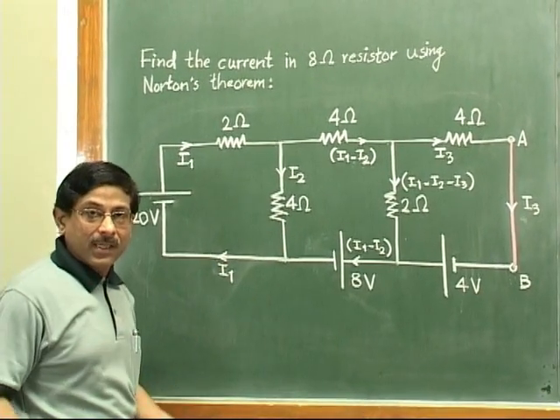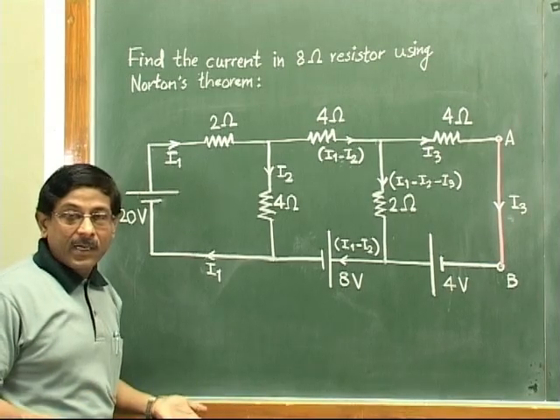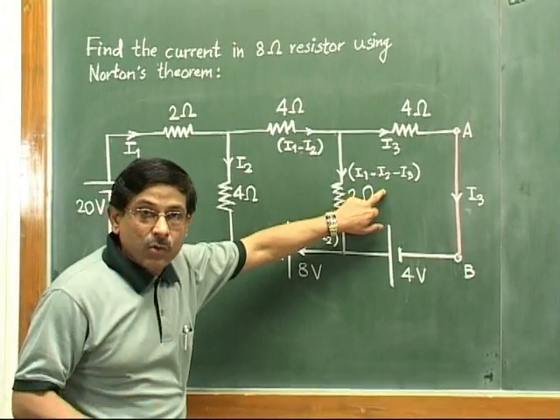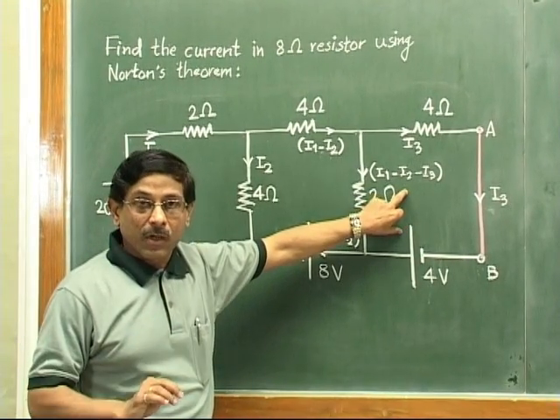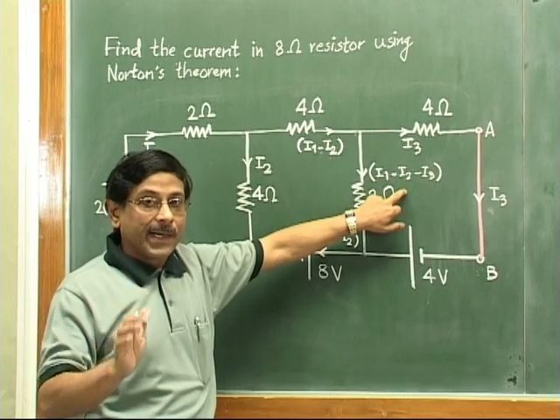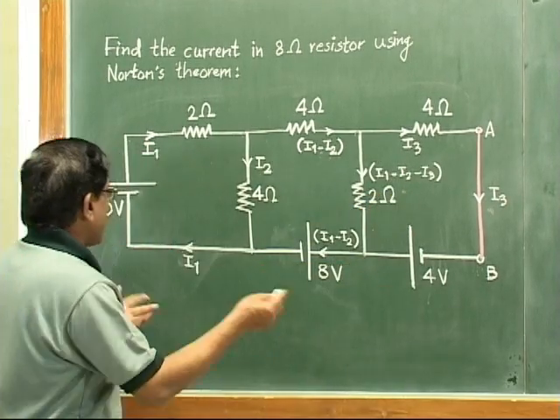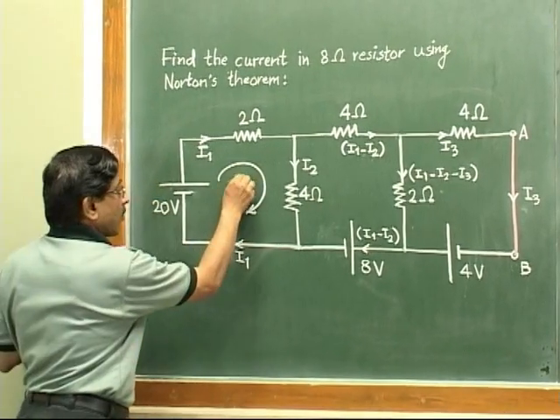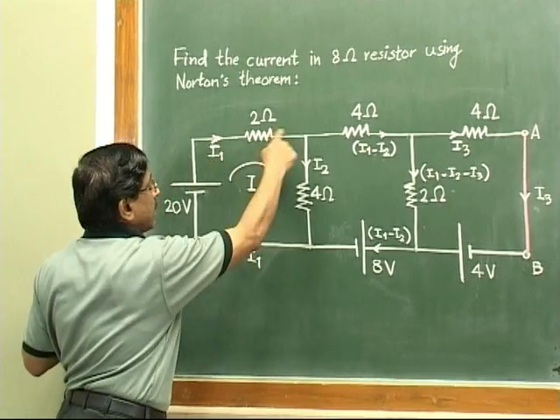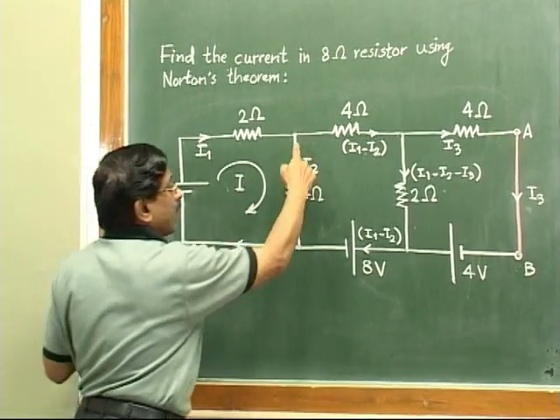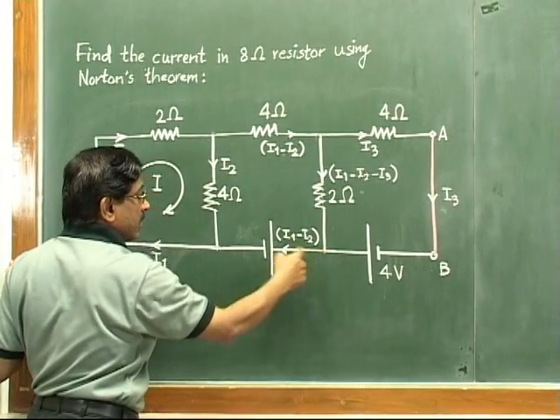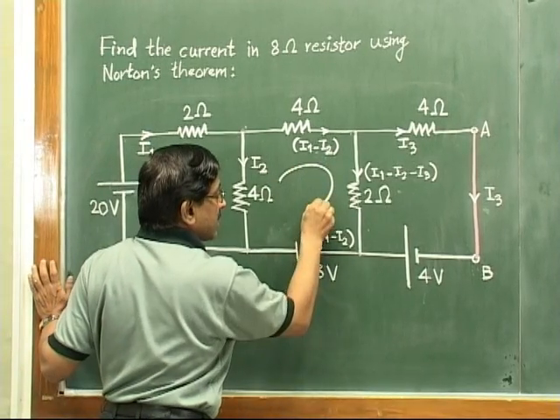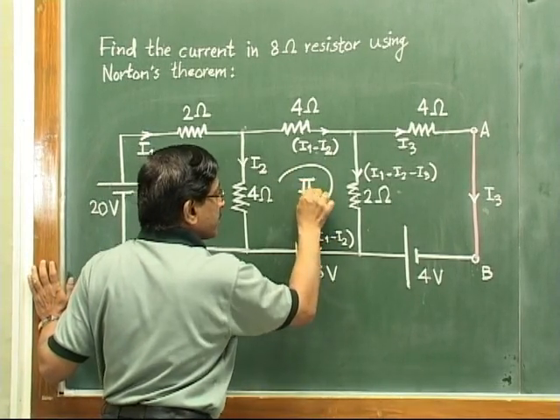Our next job is the regular job, that we have to identify the loops or meshes. So 3 current variables, so we need 3 equations to solve. And for 3 equations we need to identify 3 different meshes. Again, as a regular practice, we consider that this small one is our loop 1. Then this middle one, from this point here down left and again to the top, original point, we consider that this is our loop 2.